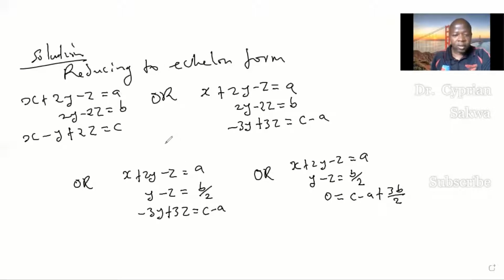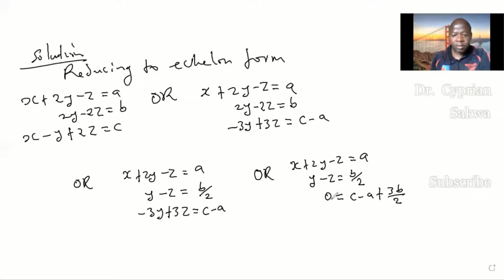So the question is, we already have this system now in echelon form. What is the condition on the numbers a, b, c such that the system here would have a solution?